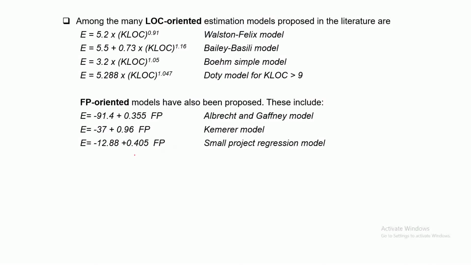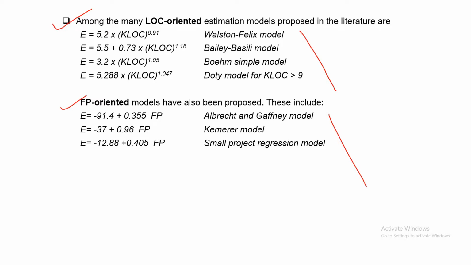So these are various values if you are going to use LOC based estimation, and these are certain values if you are going to use function point based estimation. These formulas have been provided after various researches.